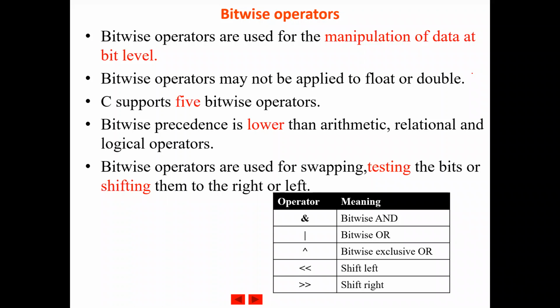Now we are moving on to the next operator, which is very important. Only one question will be asked, but I think you might have studied it before also, right? Bitwise operator. Till now we were working without thinking in terms of binary representation. We were thinking in terms of decimal representation.